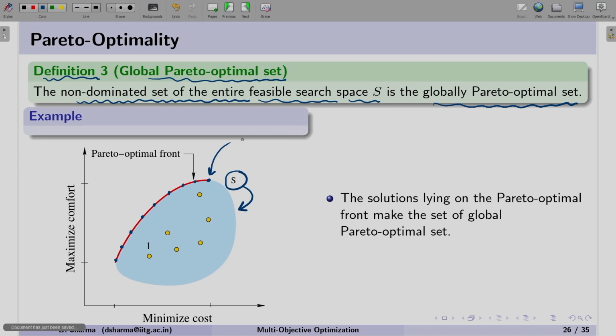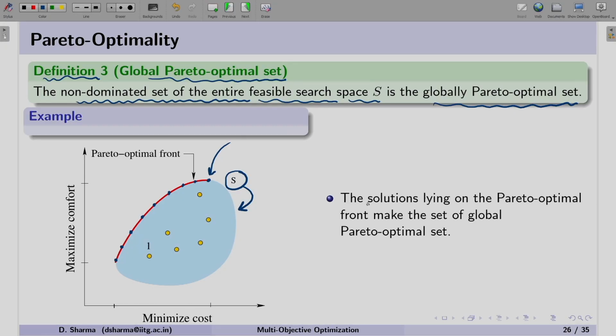Just to understand one more time, when we have a population and we compare each and every solution using the concept of dominance, we can find out the non-dominated solutions. If I do the same exercise for all the solutions lying in the feasible search space, the solutions which are non-dominated with respect to the entire feasible space become the global Pareto optimal set.